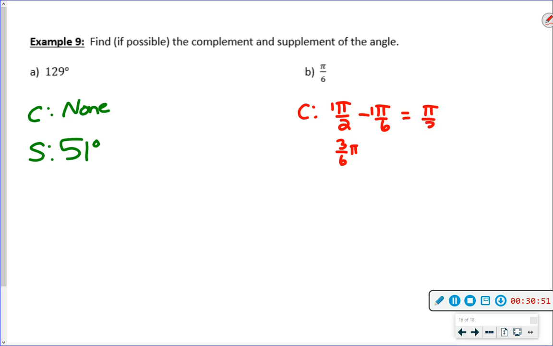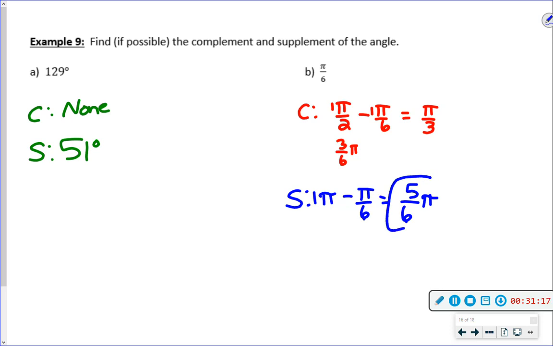So I just took my 90, what we have to add up to, just like here, you did your 180 and subtracted your angle. We'll do the same thing for supplement, but I don't think I have to do as much work. So supplements should add up to 180 or pi in radians. And I'm going to subtract off my angle to see how much more I need. We don't need a calculator for this. What's 1 minus 1/6? 5/6, done.